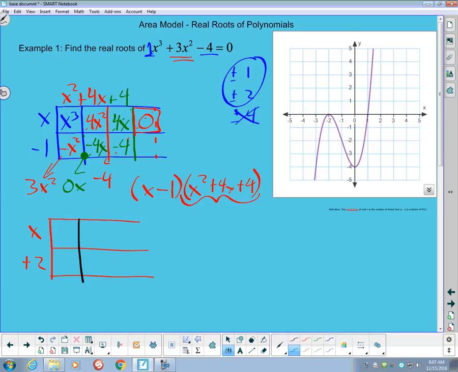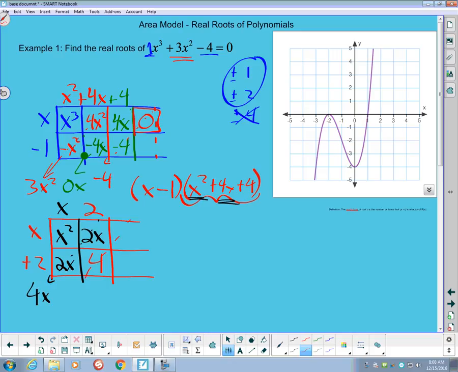And so this x squared goes right there, which means that would be an x, and that would be a 2x. And we want the things on the diagonal here to add up to a 4x, which means this would also have to be a 2x. And that makes this up here a 2, and makes that a 4.